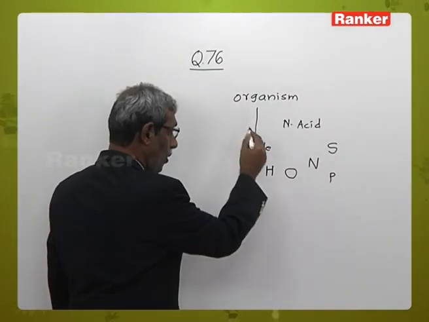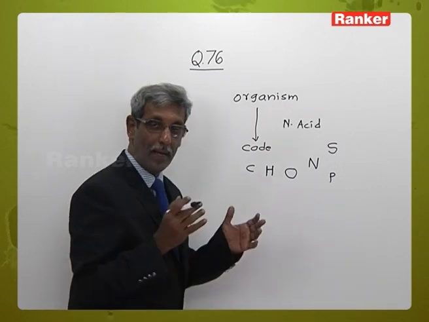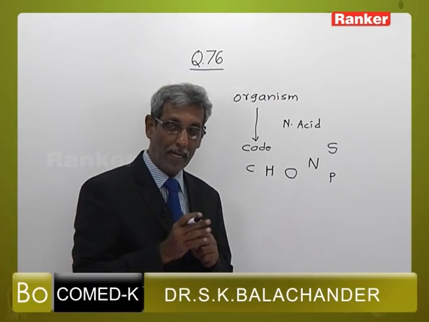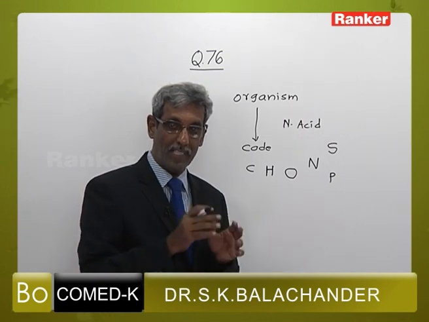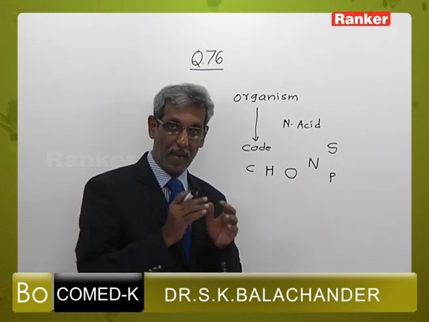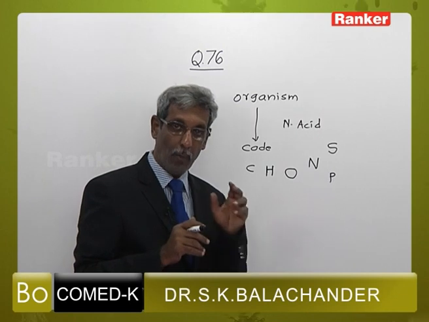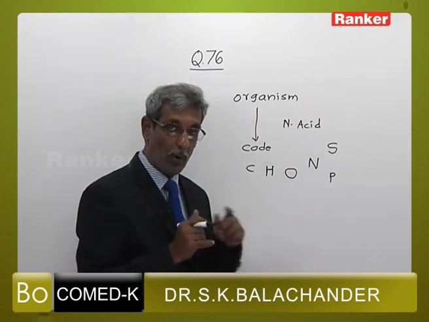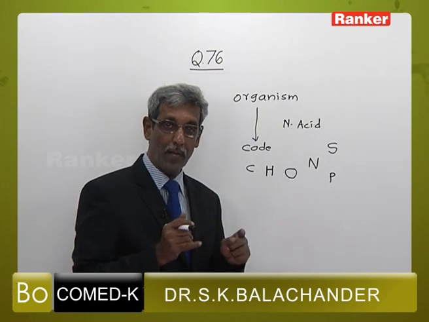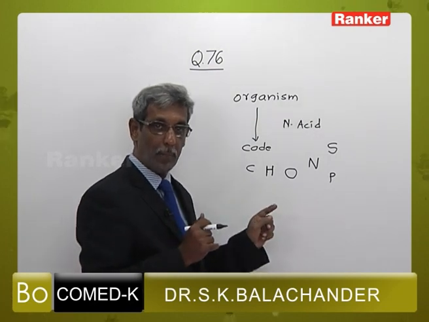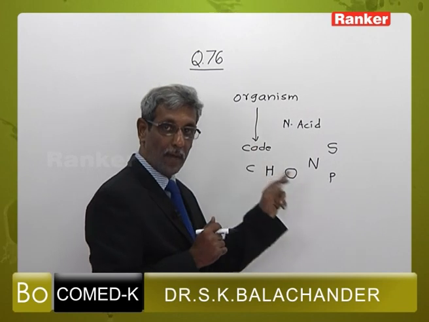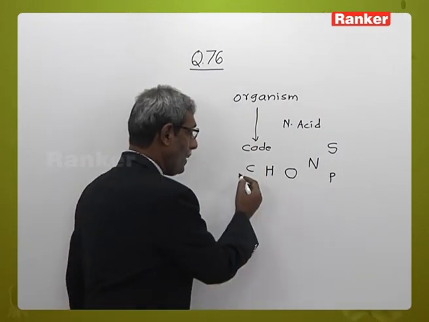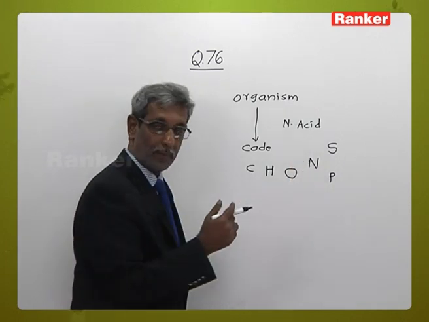So, an organism structures its nucleic acid, which is made up of a nucleotide or a nucleoside, and the basic molecules being the sugar, the nitrogen base, as well as the van der Waals forces and the hydrogen bonds. Due to the presence of the purines and the pyrimidines, the basic structure of the purines and the pyrimidines are made up of CHONSP.